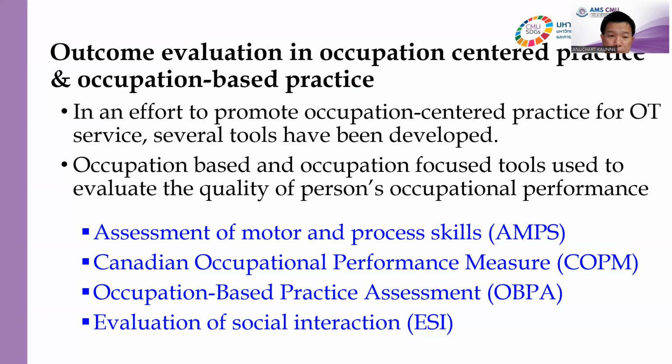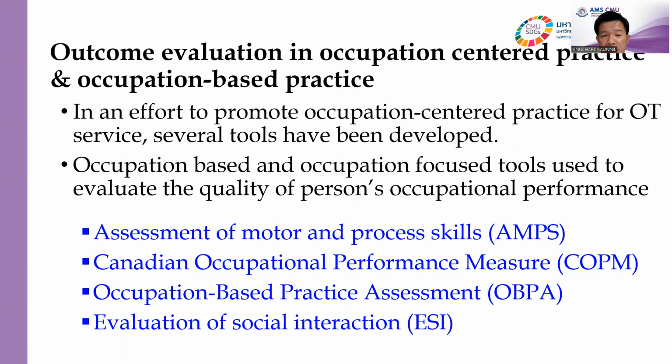We use AMPS. Even though the name of this assessment is motor and process skills, it represents motor performance, not just pure motor, but also process skill, not just strength or weight.